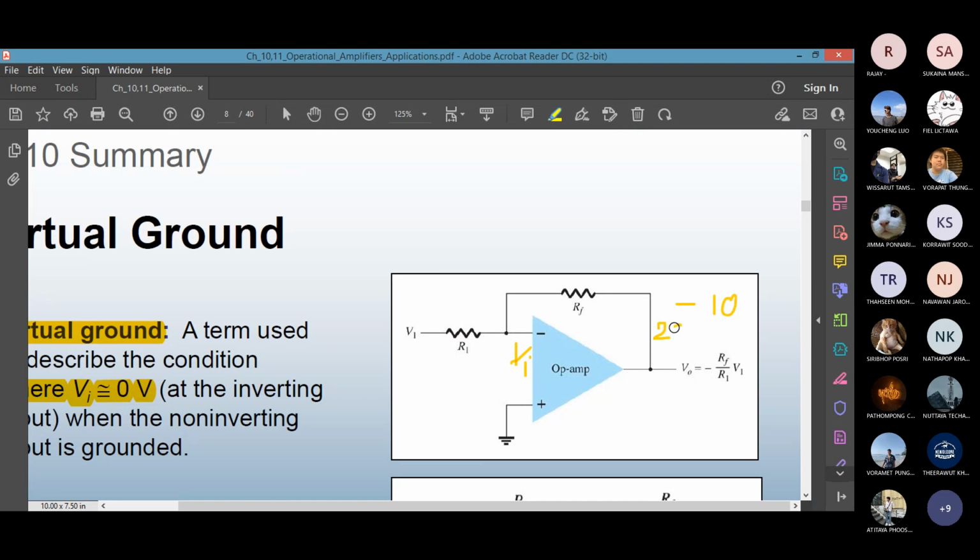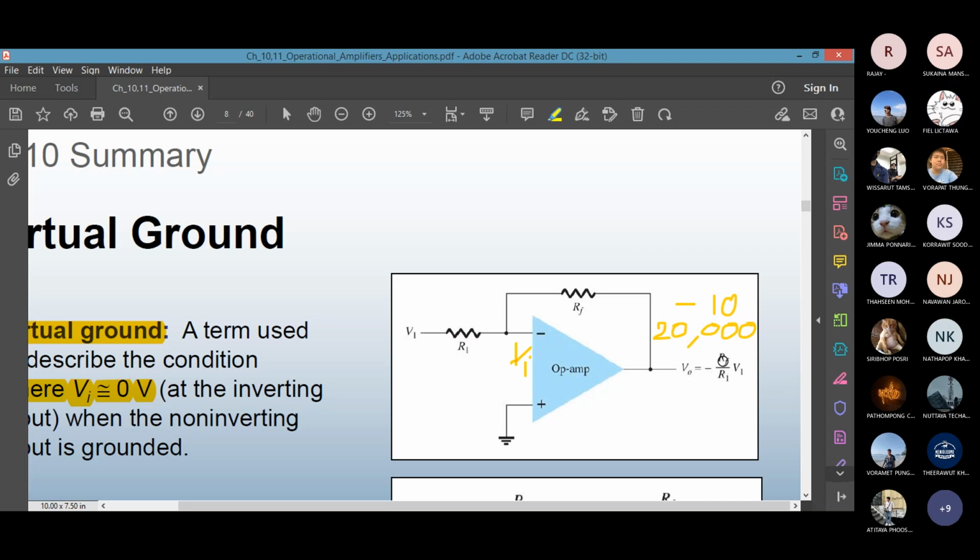If the output voltage is -10 volt and the gain is 20,000, what is the input voltage? What will be the input voltage? -2000. No, at the inverting. Now we are talking about inverting, so it's a positive one.